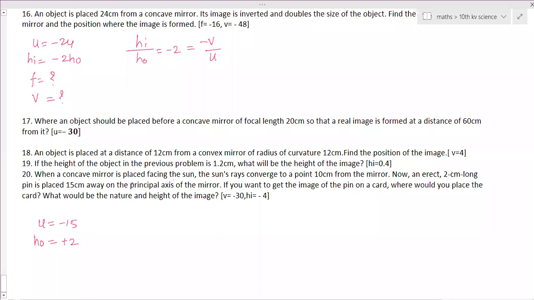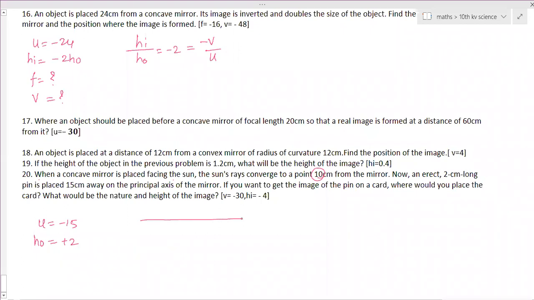So sun rays, the sun is at infinity. When the object is at infinity, where will you get the image? Sharad? Ma'am, between F and P. When the object is at infinity, at F, at focus. That means the rays are converging at 10 centimeter, the image is formed at 10 centimeter. That is the focal length.